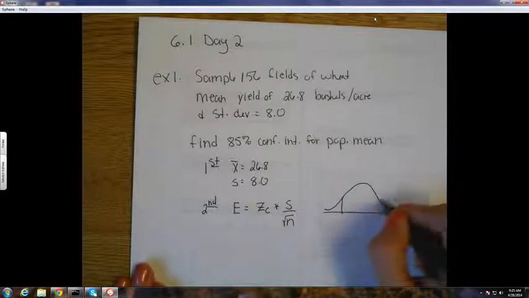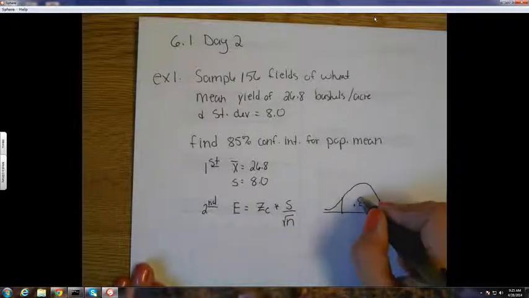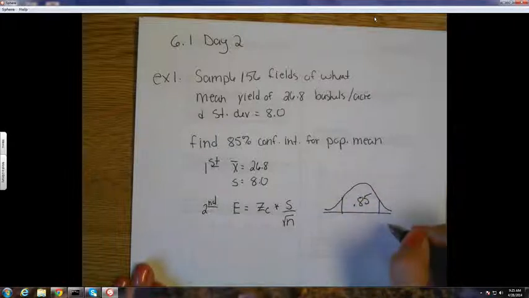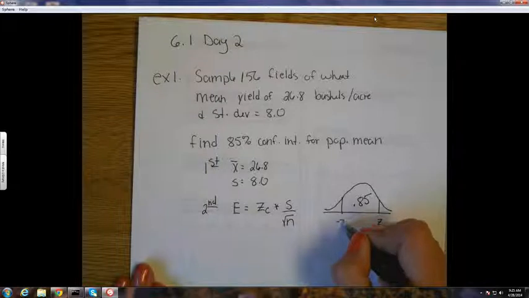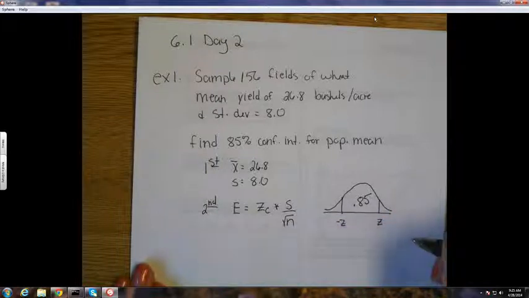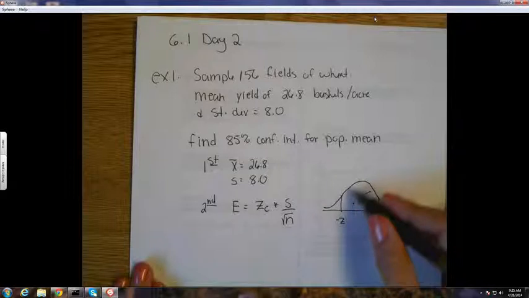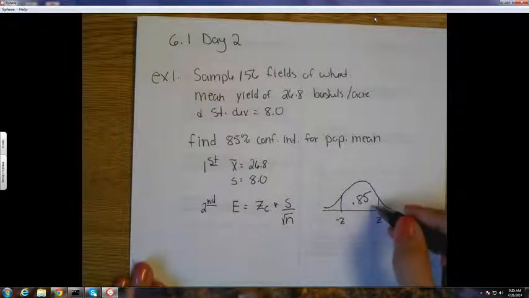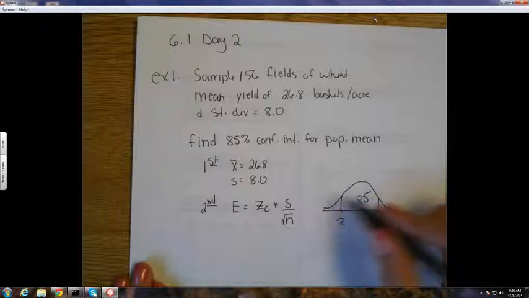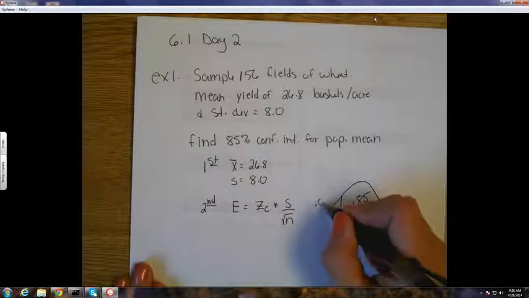85% is in the middle, because we're doing a confidence interval that's in the middle. I need the positive z-score here, but I usually just find the negative z-score and then take the opposite of it. What do I need to know to find this z-score? What's in the left tail? So if there's 85% in the middle, that leaves 15% for these two tails divided evenly. What's the decimal? 0.075.